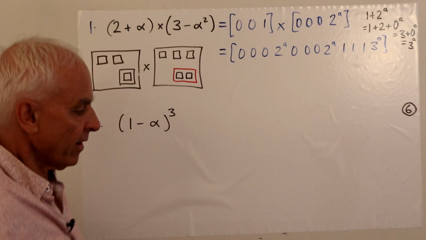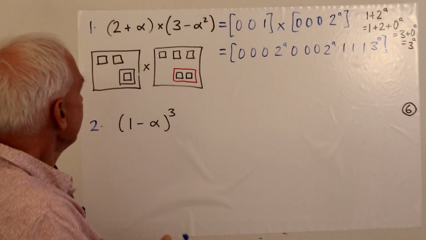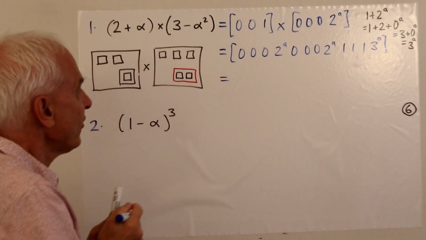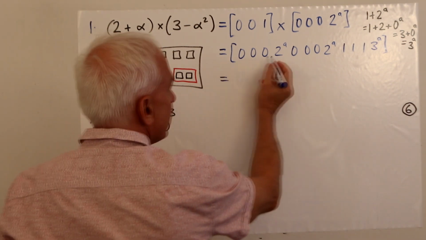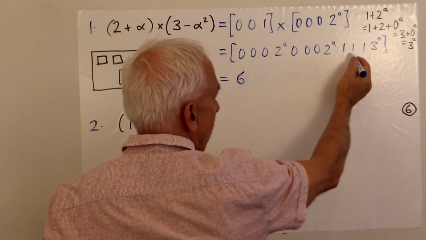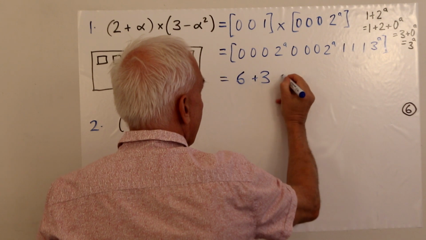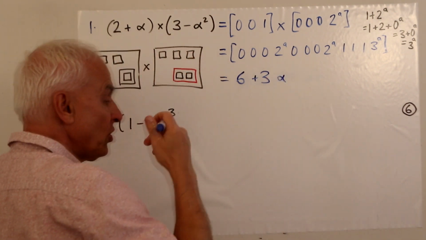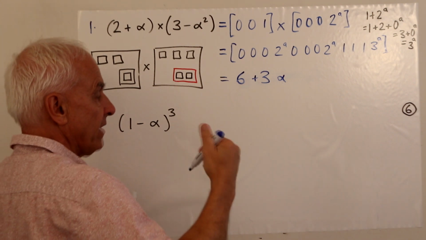And in terms of an actual polynumber, what polynumber is this? Okay, so we get 6 zeros, so that's 6. We have these 3 1s here, so that's like 3 alpha. And then we have these 2 2a's, or anti-2s.